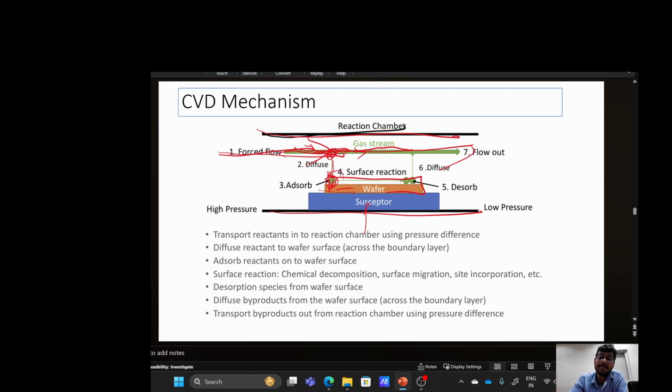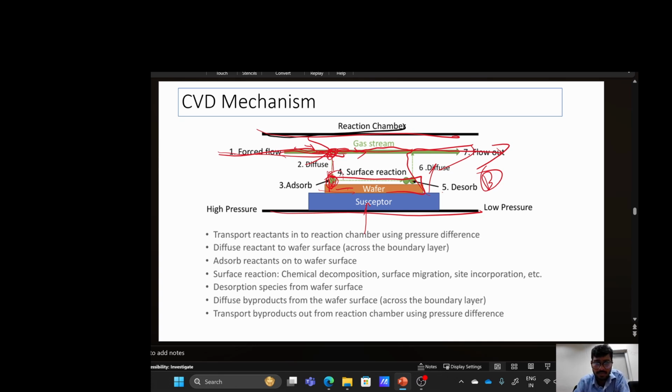After the reaction there will be some byproducts. They will get desorbed and diffuse out with the carrier gas, nitrogen itself. Okay, so this is the thing.